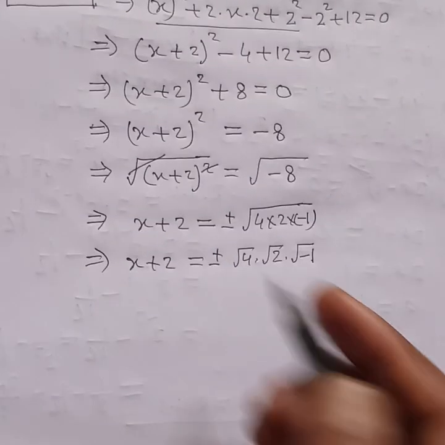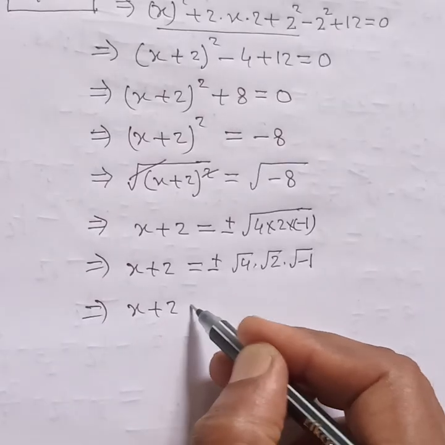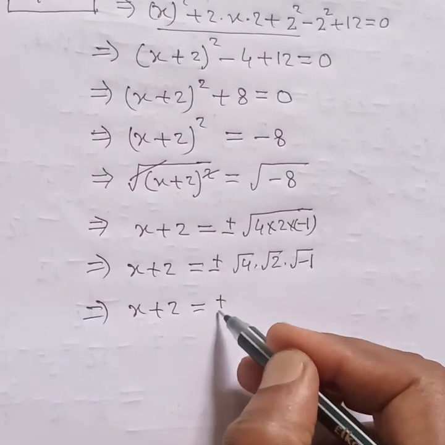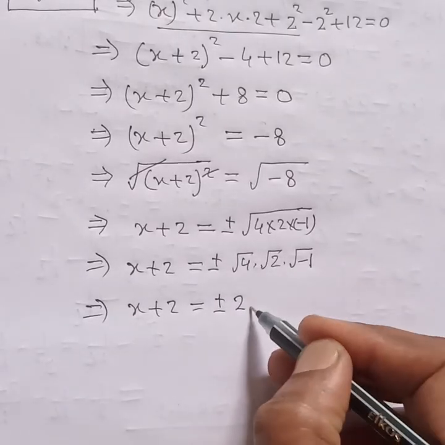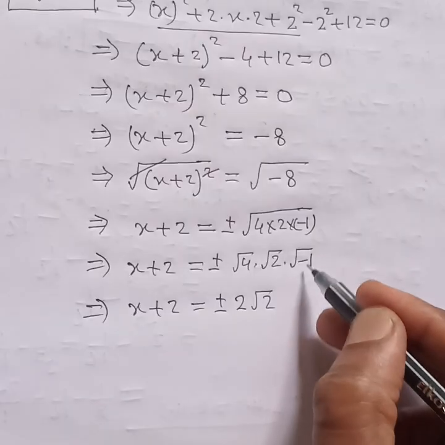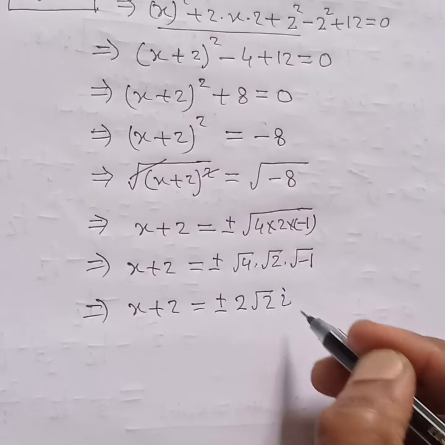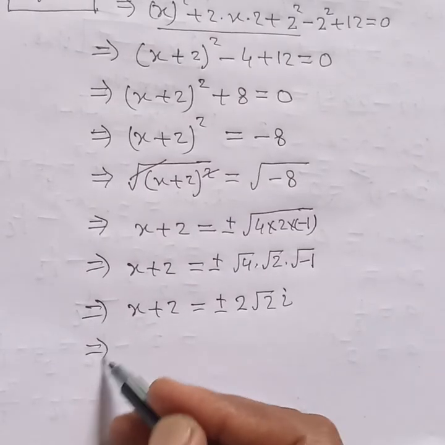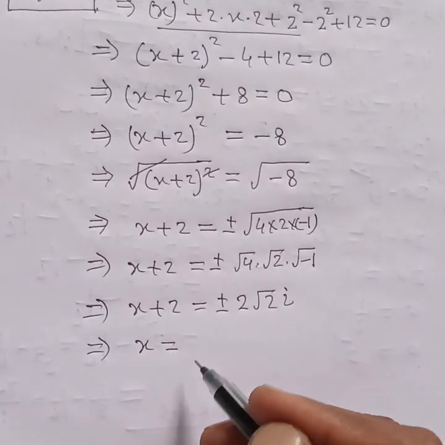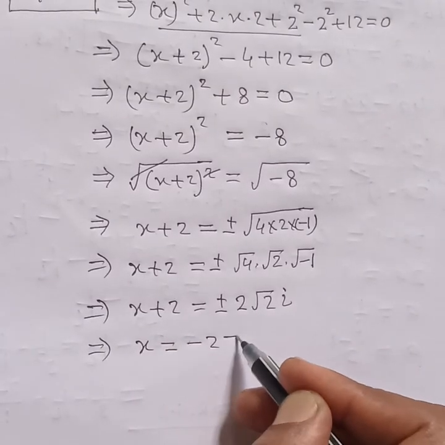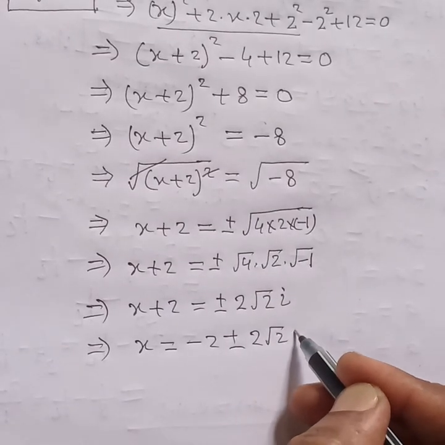or x plus 2 is equal to plus or minus root over 4, which is plus 2, root over 2, and root over minus 1 is iota, the imaginary quantity i. Therefore, x is equal to, this plus 2 moves to the right side as minus 2, plus or minus 2 root 2 i.